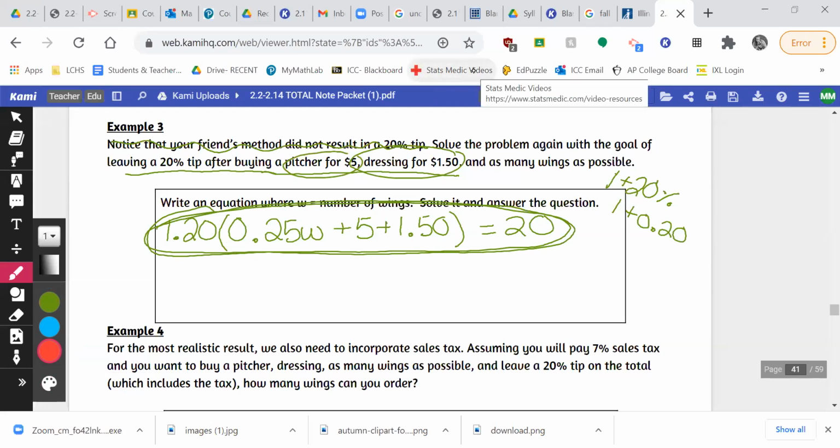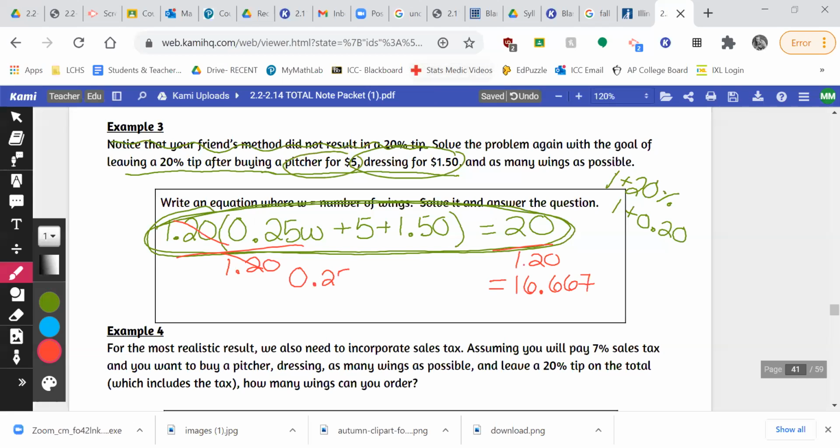Okay, now we're going to go ahead and solve the problem. So you can see that 1.2 was applied to everything on the left. So I'm first going to divide by 1.20 on both sides. And that will cancel everything out on the left for the 1.2. So we have 20 divided by 1.2. So on the right side, we get 16.66 repeating. I'll just use 3 decimal places for now.